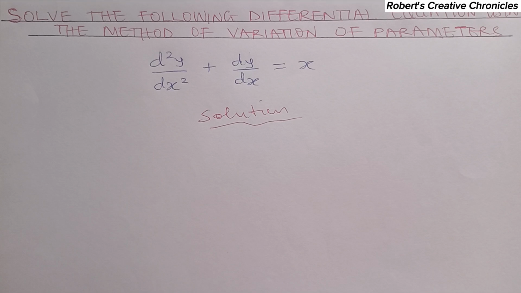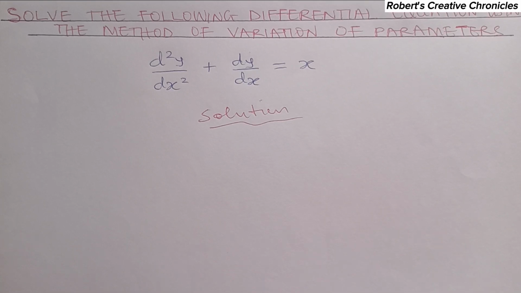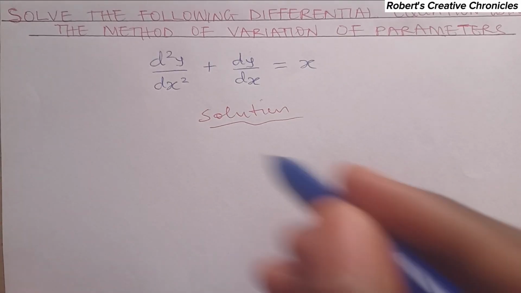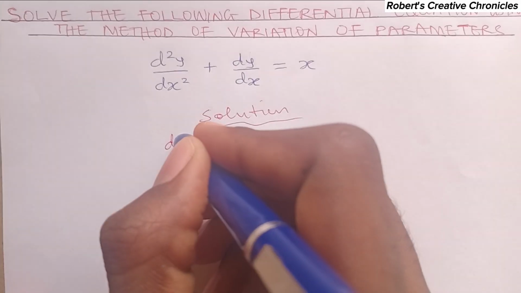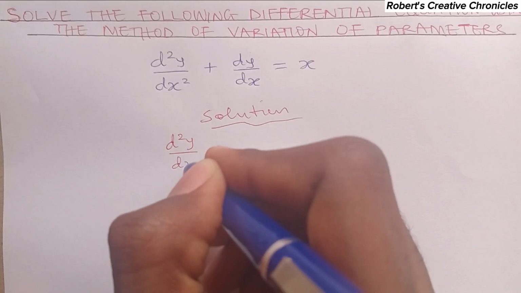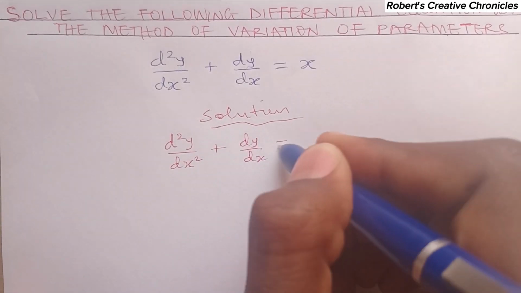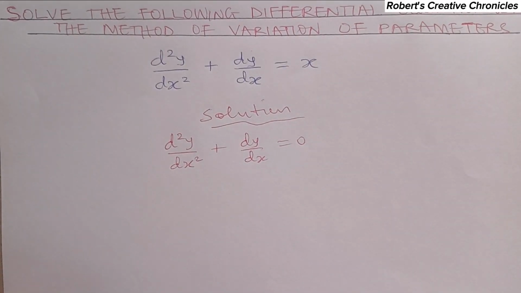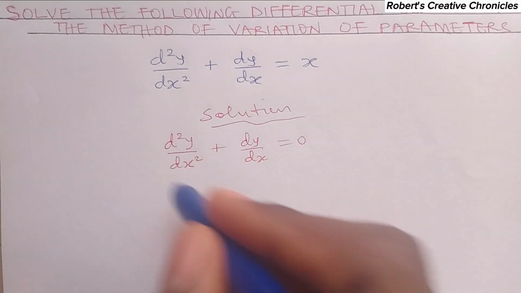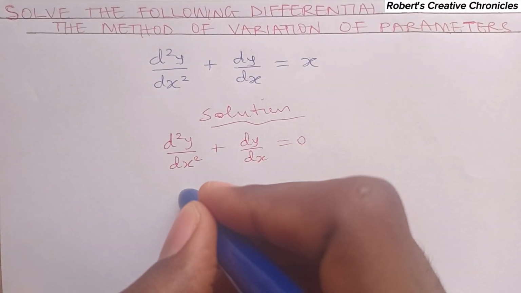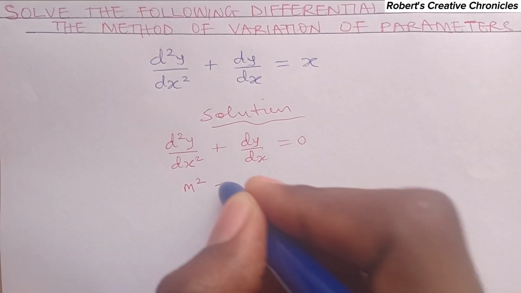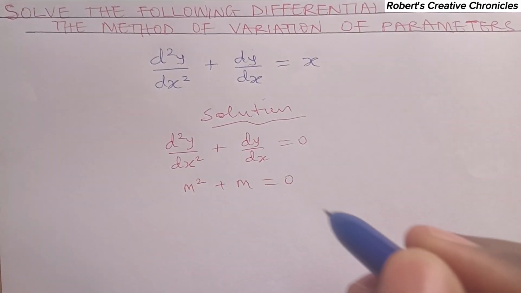Before we use the method of variation of parameters, we have to solve this differential equation by setting the second derivative d squared y over dx squared plus dy over dx equals 0. So now we will substitute dy over dx as m, so this becomes m squared plus m equals 0.